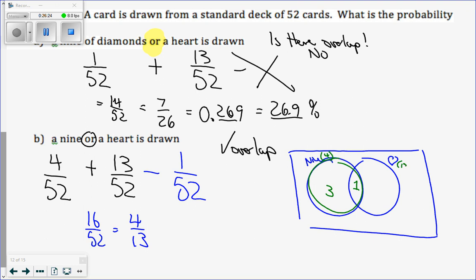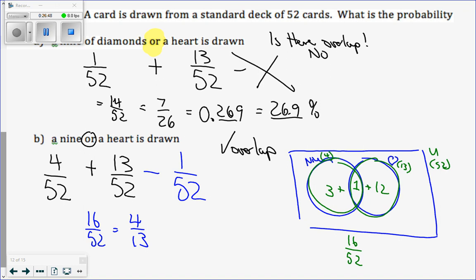You've got 13 hearts in your deck, so that's going to be a 12, because 12 plus 1. And now you just add them up. 3 plus 1 plus 12 is 16 out of the universal, which is 52. But the key is that you have to recognize that there's overlap first before you do it.